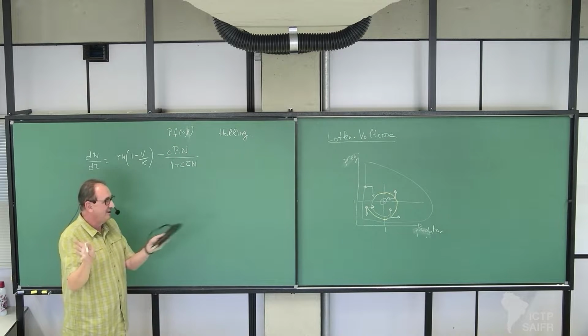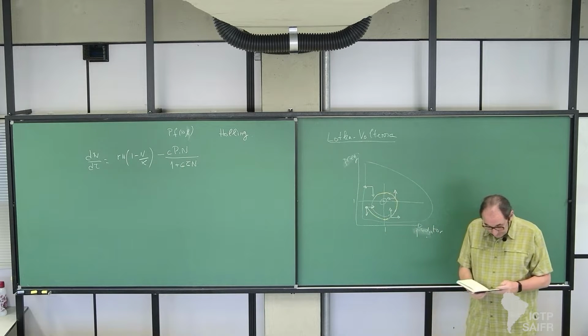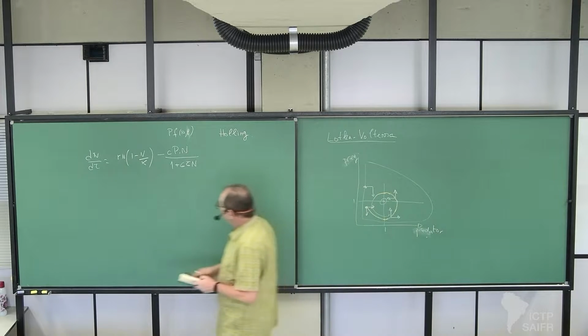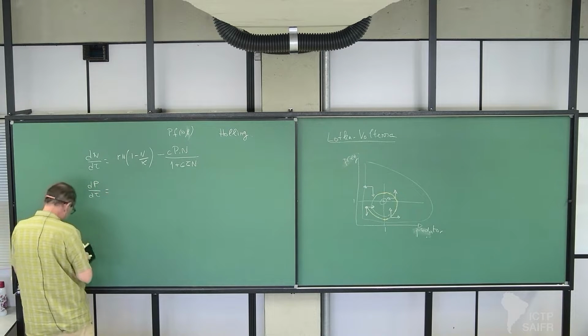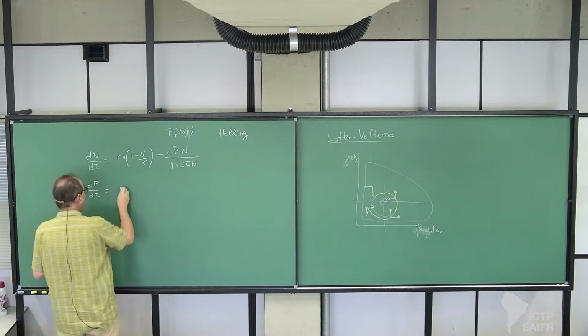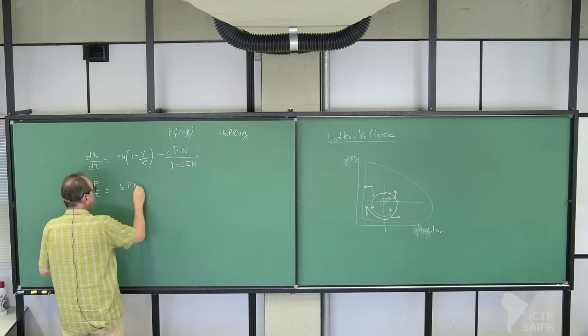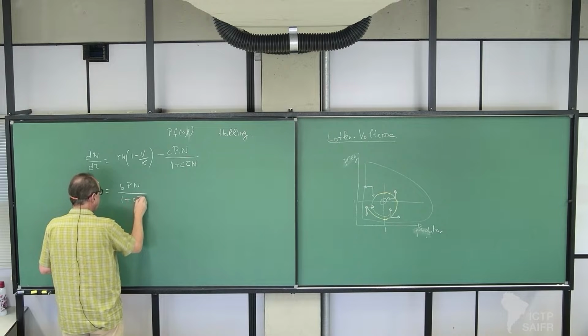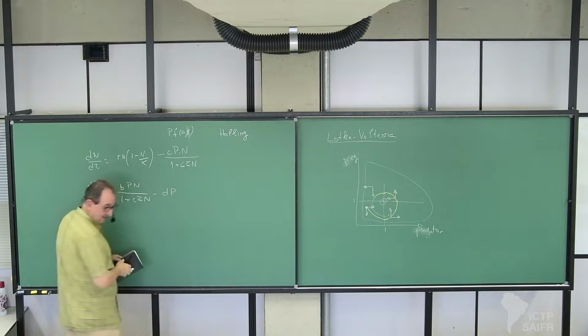And then there's a Holling type 3 also. Okay? And the equation for the predator is some other variable here, b p n over (1 + c tau n), minus some death rate of p.